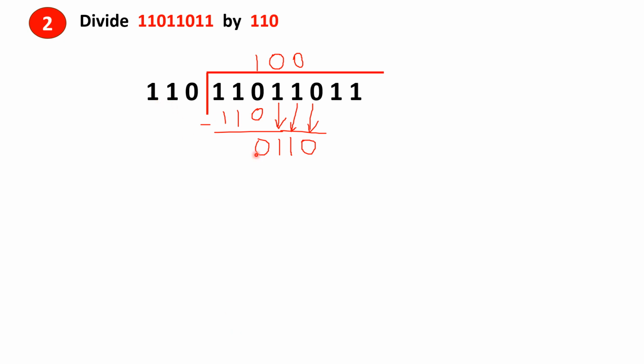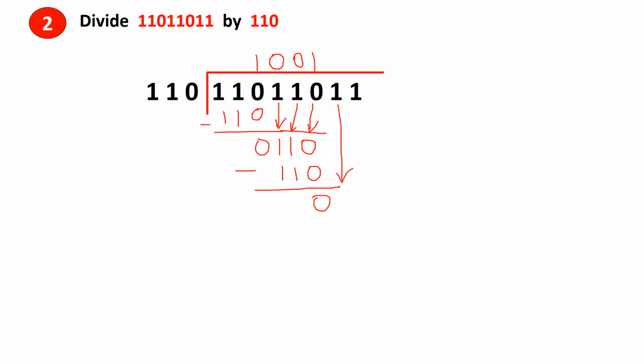Both are equal, so you put a 1 here. So 1 into the divisor will give you 110. So subtract, you get 0. Bring this 1 down.